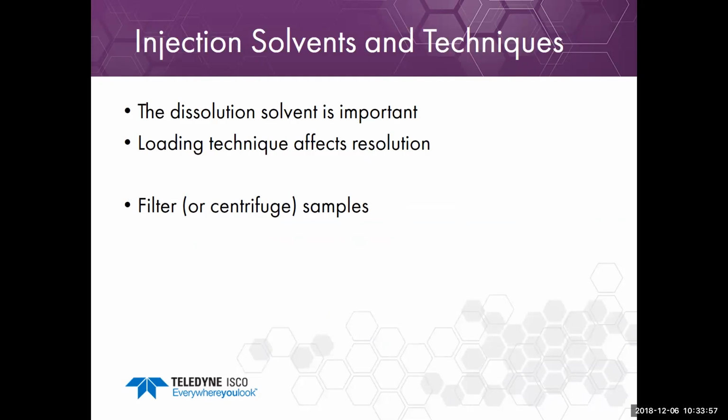They're very nearly impossible to replace without damaging the column packing, and those are very expensive columns. The other reason for filtering your sample is your inject valve. Those tiny little particles cause the rotor seal to wear more quickly, and it causes leaks.